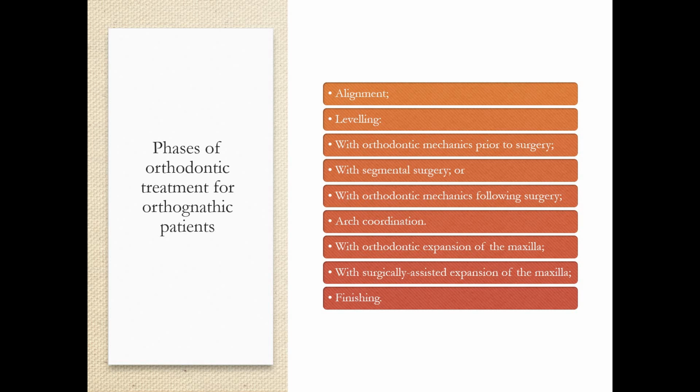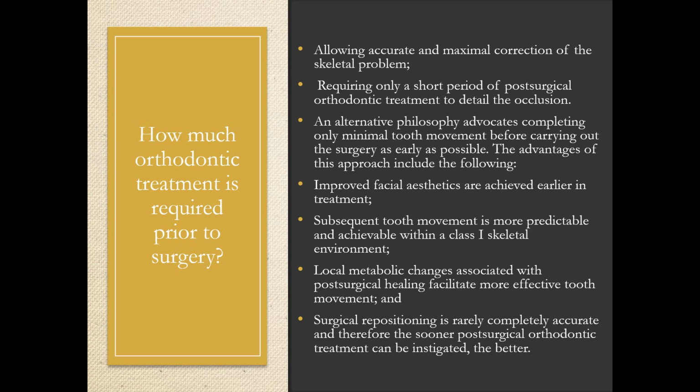Surgically assisted expansion is carried out before the definitive osteotomy, whilst surgically assisted leveling usually takes place after it. Some controversy exists regarding the amount of orthodontic treatment that should be completed prior to surgery, but conventional planning requires full decompensation.